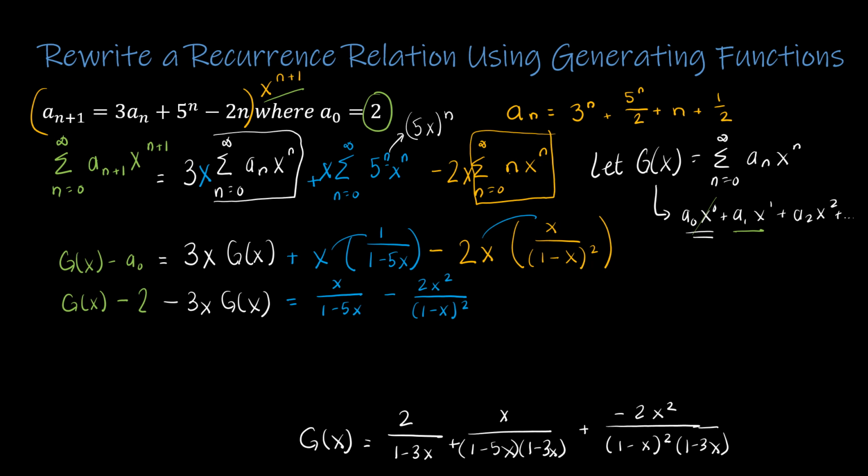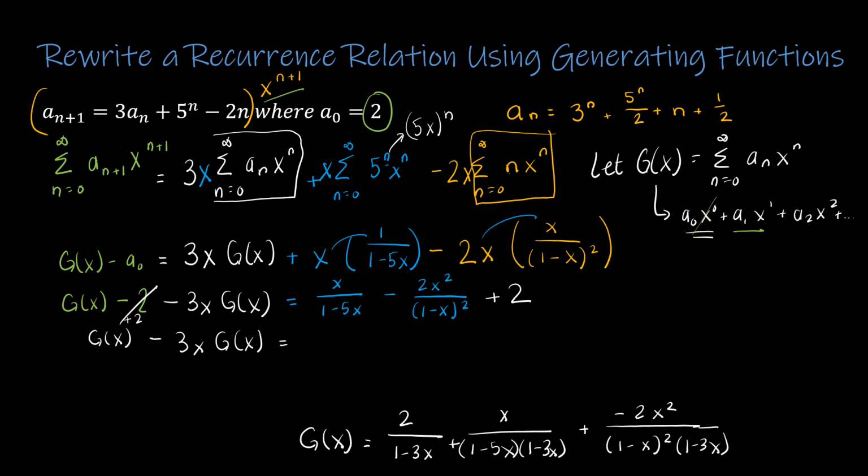Now keep in mind, I'm trying to get g of x by itself. So my next step is to get the terms that have g of x on the left side and everything else to the right side. That means I'm going to have to add 2 to each side, and adding 2 on this side gets rid of that 2. So minus 3x g of x.